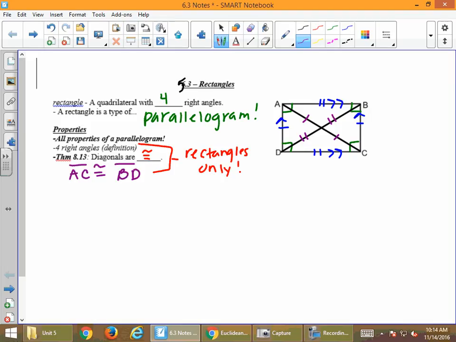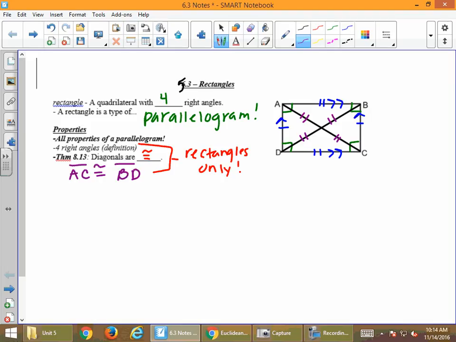But because they're the same and they're bisecting each other, all 4 of these little pieces are also the same. That's only true for rectangles, not all parallelograms. So know it.